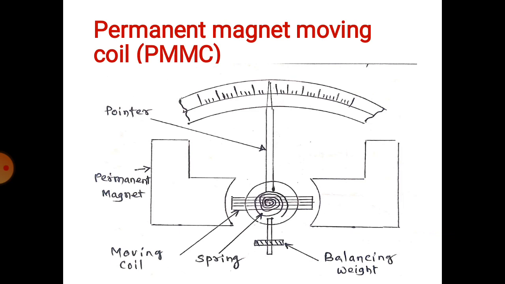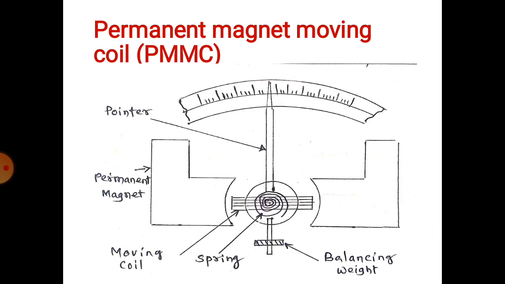So now we are going to discuss the construction and working of PMMC, that is the permanent magnet moving coil meter, also called D'Arsonval meter. First we are going to discuss the construction of PMMC. It consists of a permanent magnet.